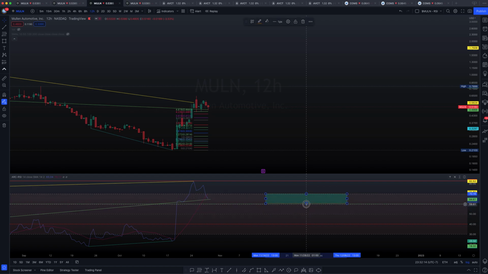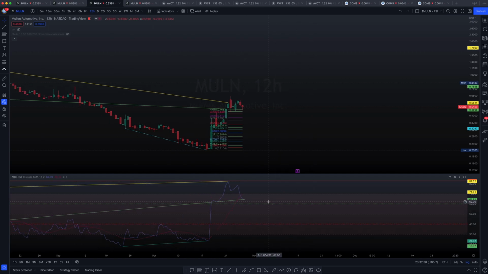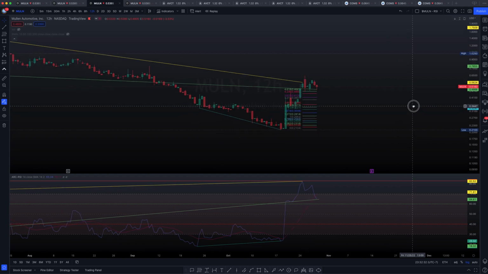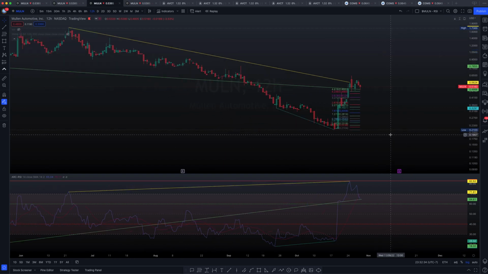Anything above 70 is overbought and anything below 30 is oversold, just like any other RSI, you guys. This is actually my RSI that I coded myself so that I can have these indications for better control or better price action in my trading strategy, right?